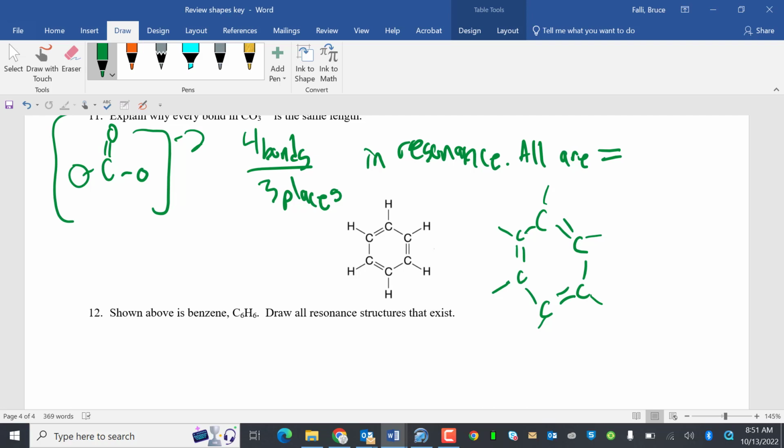Okay, so then what I could do is draw the carbons again. I have 3 double bonds, so I can put them all at the top, right? And then I can do the same thing again.